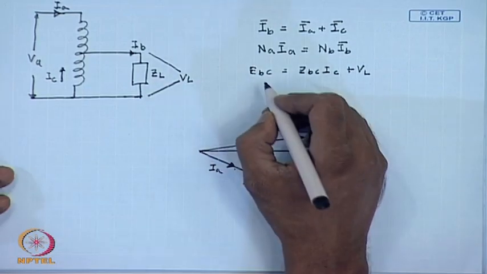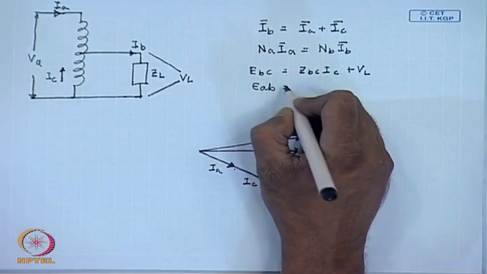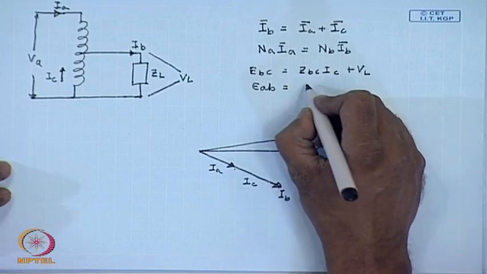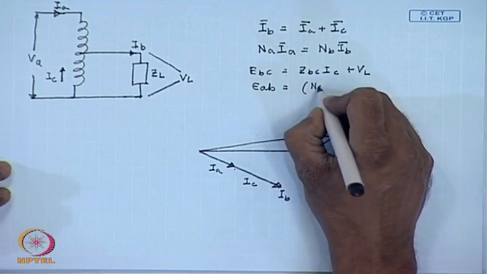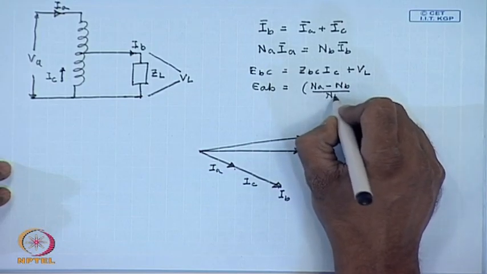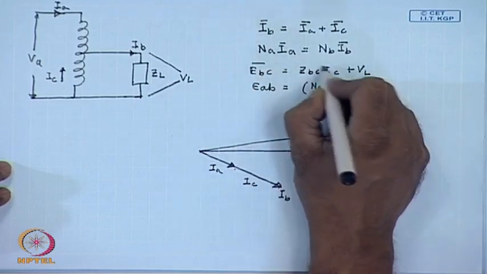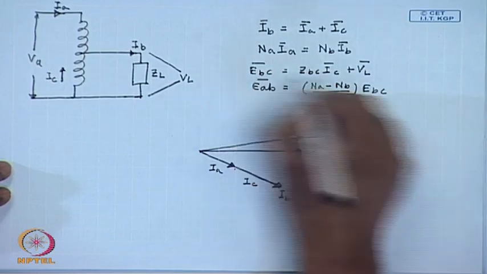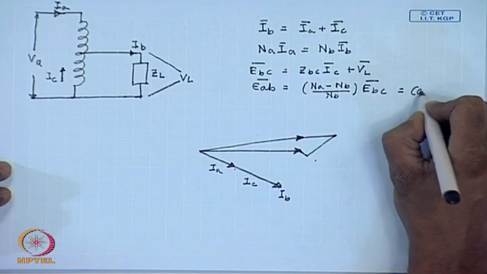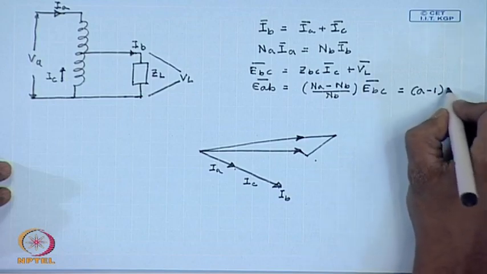But we know E A B equal to (N A minus N B) by N B into E B C, equal to (A minus 1) into E B C.